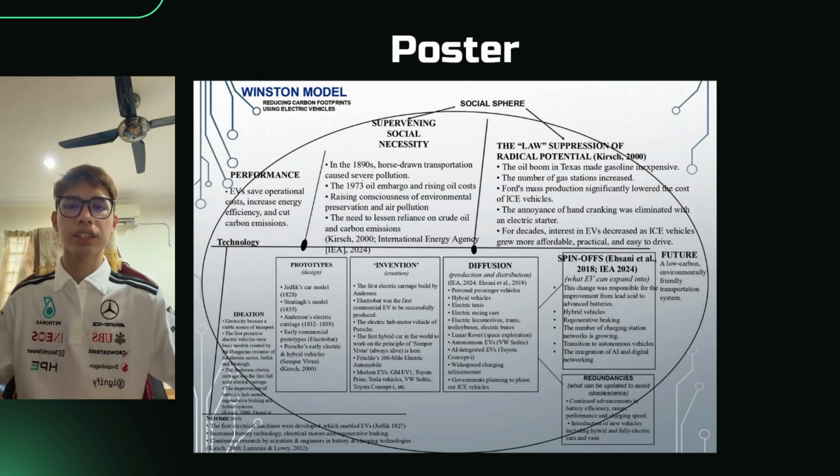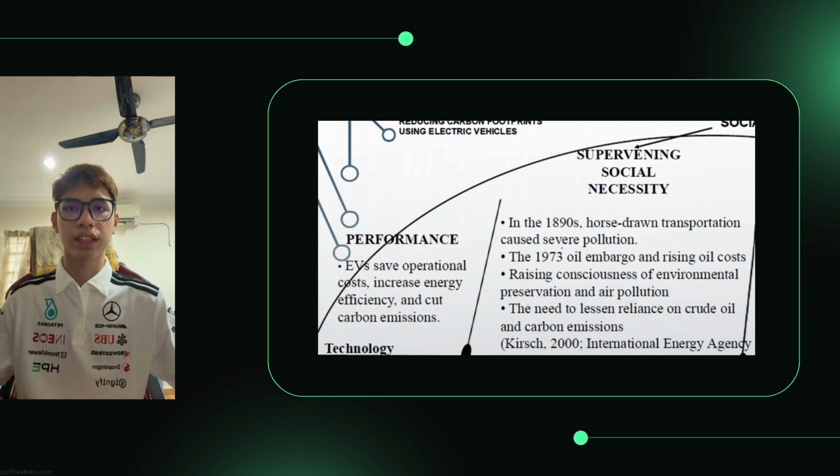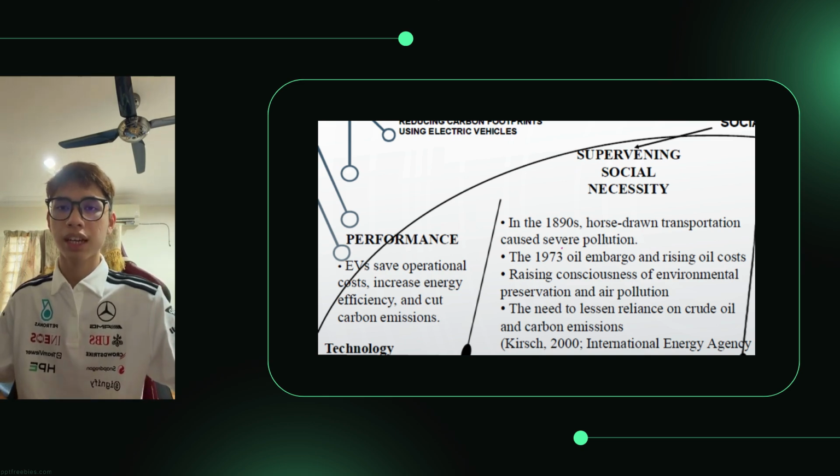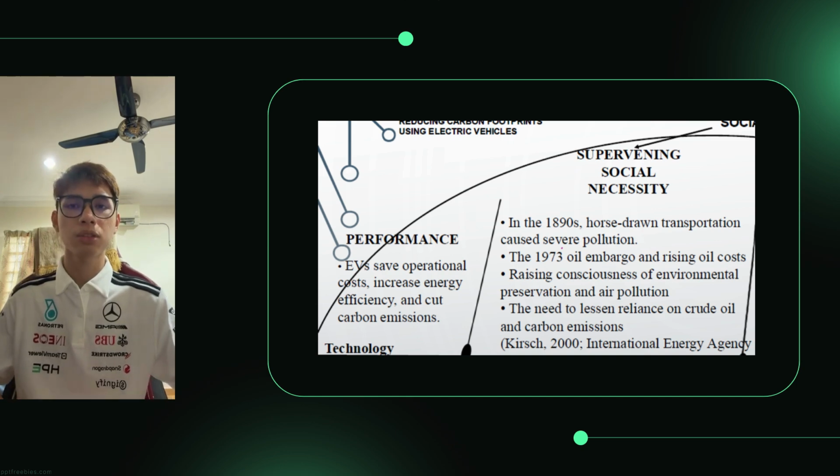The first stage is supervening social necessity, which refers to the social problem that created the need for electric vehicles. In the late 1800s, horse-drawn transportation caused serious environmental problems, especially pollution from horse waste in growing cities.